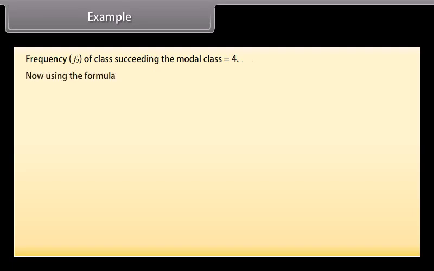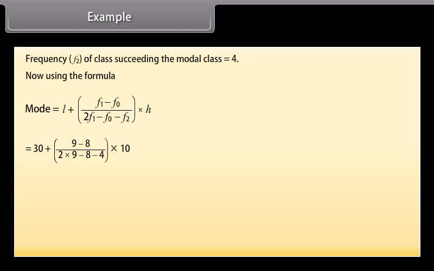Now, using the formula given below, L plus (F1 minus F0) divided by (2F1 minus F0 minus F2) multiplied by H, we will find the mode as 30 plus (9 minus 8) by (2 into 9 minus 8 minus 4) into 10 equals 30 plus 10 by 6, which equals 30 plus 1.67 equals 31.67.